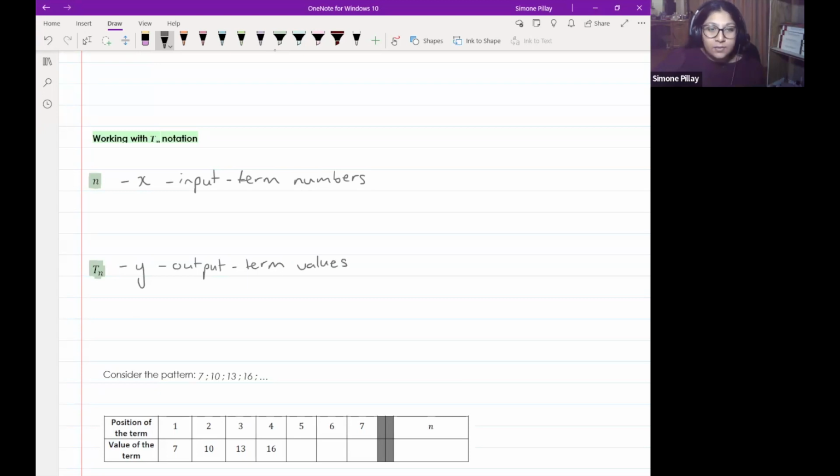So instead of the equation looking like this, we have a new equation using my Tn notation that says Tn is equal to 2n plus 1. And how did I get that? All I did was I said, okay, my x is now n. So where my x was here, I replaced it with n. And then Tn is y. And so where my y was here, I replaced it with Tn.